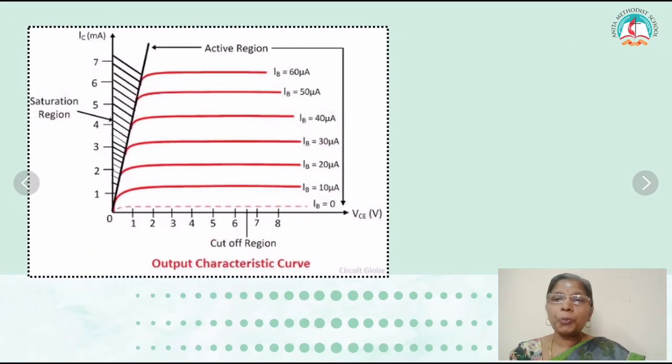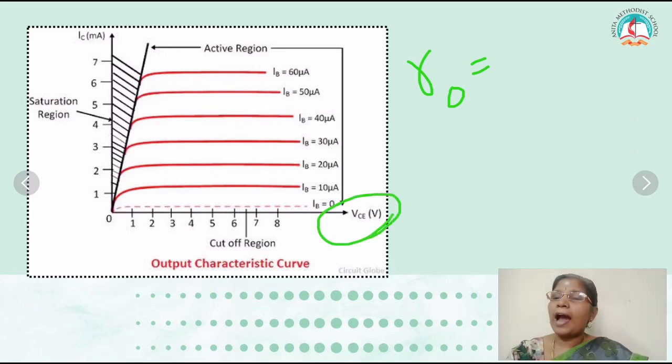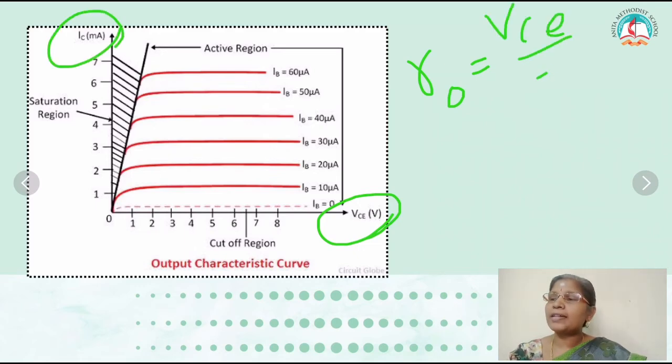The next one is the output characteristic side. In the output characteristics, you calculate the value of RO. What is RO? Output impedance. You draw a curve between VCE and IC. The ratio of VCE to IC gives the value of output impedance. The unit is ohm.